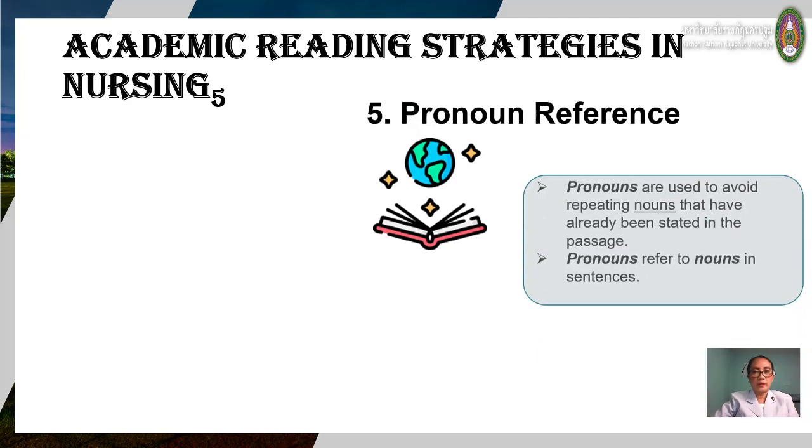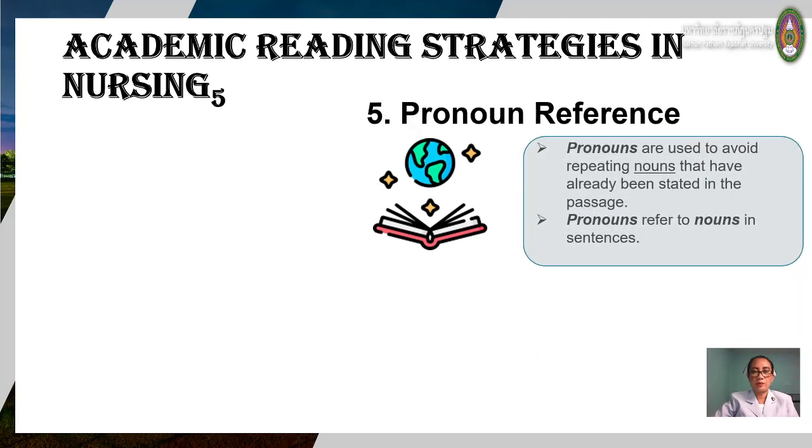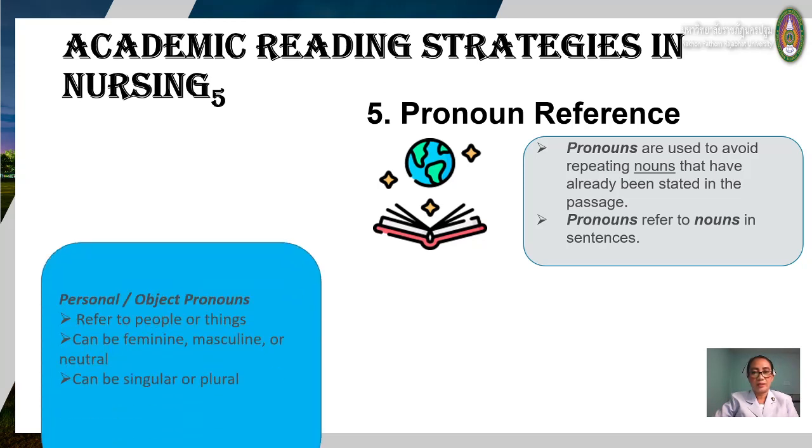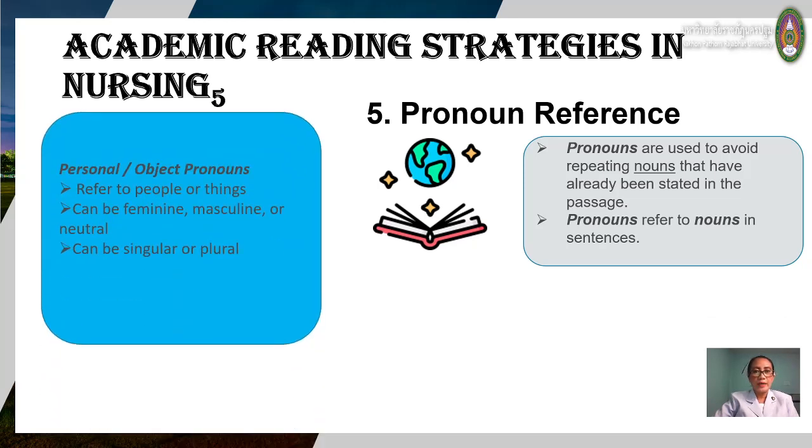Okay, the fifth strategy is about pronoun reference. So what is pronoun? Pronouns are used to avoid repeating nouns that have already been stated in the passage. Pronouns refer also to nouns and sentences. So in pronoun reference, in details like personal or object pronouns, these refer to people or things.